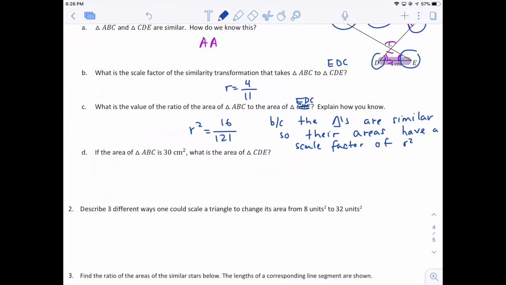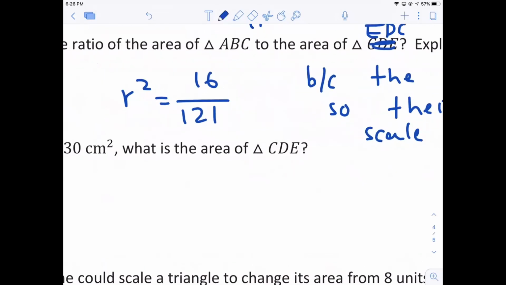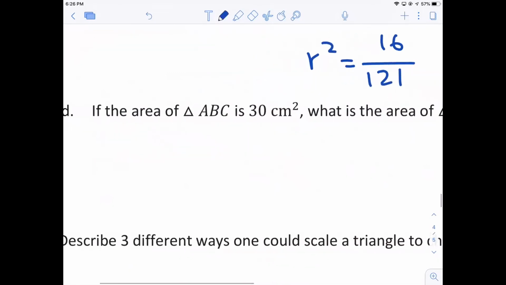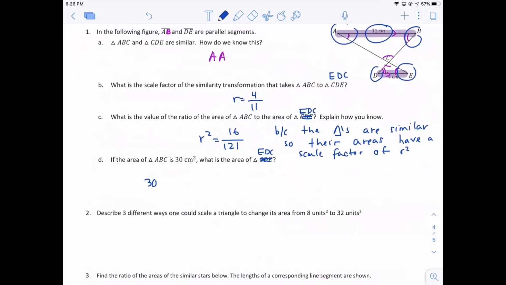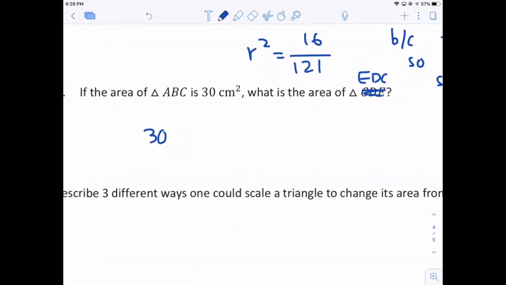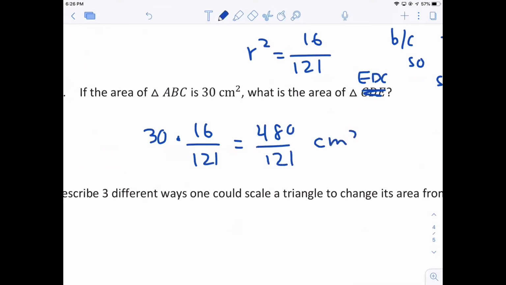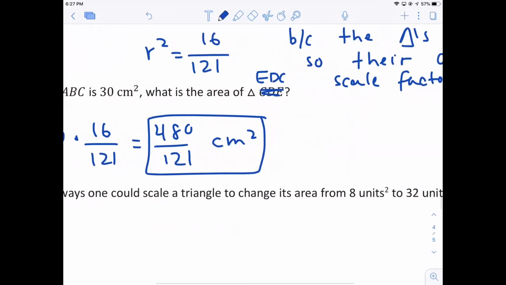All right, so if the area of triangle ABC is 30, what's the area of triangle EDC? And so if that's 30, all I have to do is multiply by 16/121. And that's going to equal 480/121 centimeters squared. All right, you don't even need to simplify the fraction.